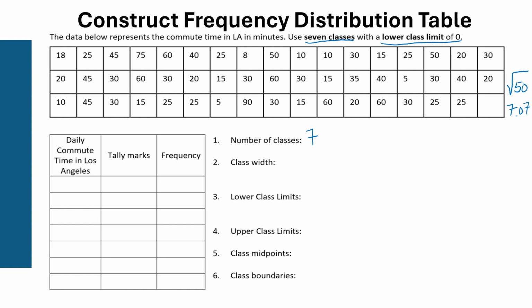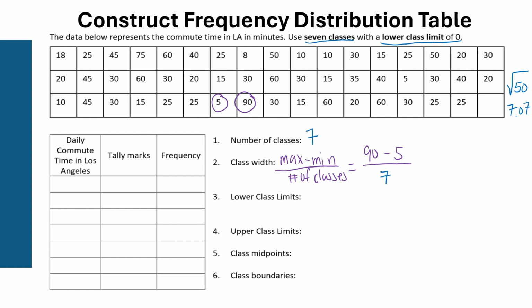The next thing we need to find is the class width, which is the maximum data value minus the minimum, and then you divide that by the number of classes. So in our problem, our maximum commute time is 90, our minimum commute time is 5 minutes, and our number of classes is 7.